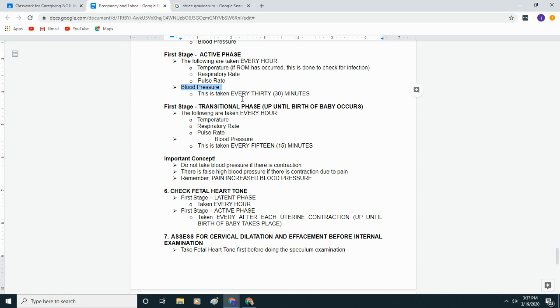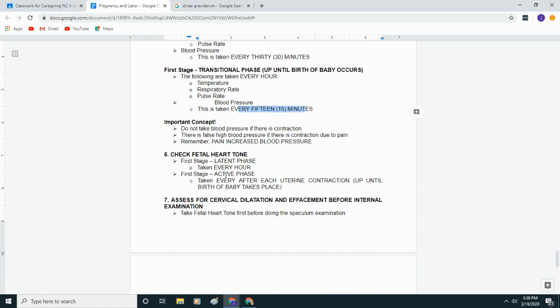And for last stage, transitional up to birth, okay, every hour ang kanyang vital signs and BP should be taken every 15 minutes. Okay? So do not take blood pressure if there is a contraction kasi if there are contraction due to pain, pain increases blood pressure. So if it increases blood pressure, you're going to get a false high result when you are taking blood pressure. Okay?